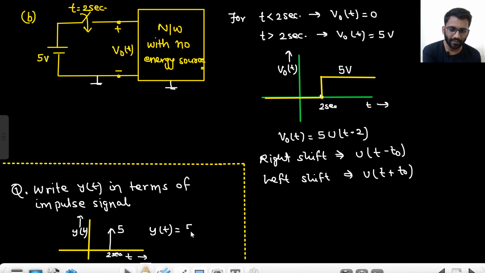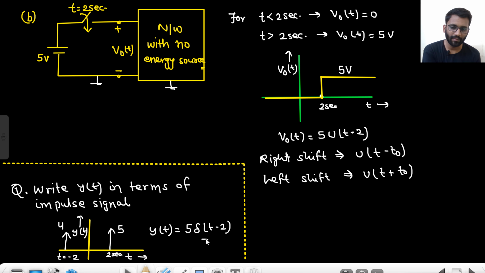It is 5 delta(t minus 2), because delta(t) is at t equals 0. If there is a right shift, I would do t minus t0. If there was a left shift, okay, I can do one more thing. I can put a 4 here, at t equals minus 2.